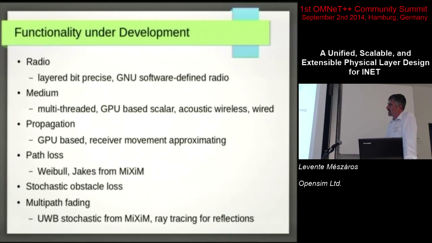And some less interesting things. Multipath fading is currently under development. It's in flux yet, but there are possibilities for ray tracing reflections, so that radios can receive messages correctly via refractions, not only through the direct path.